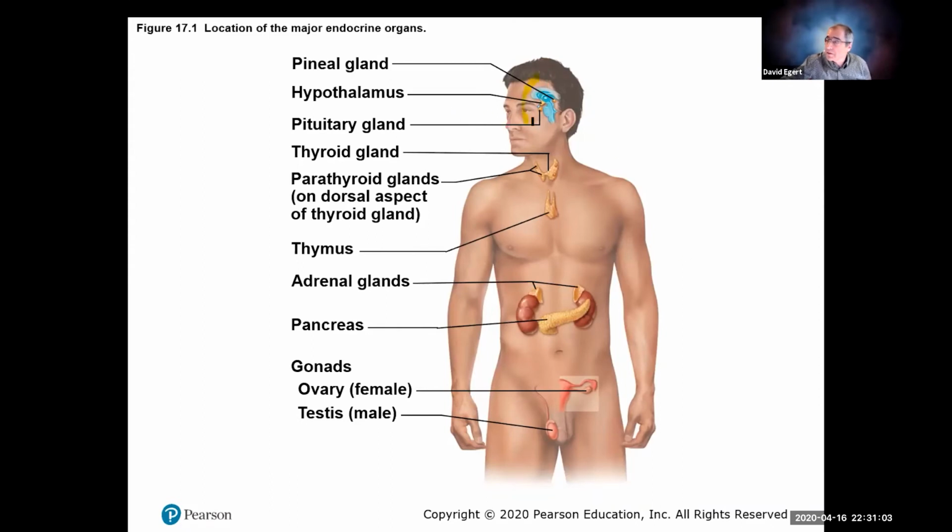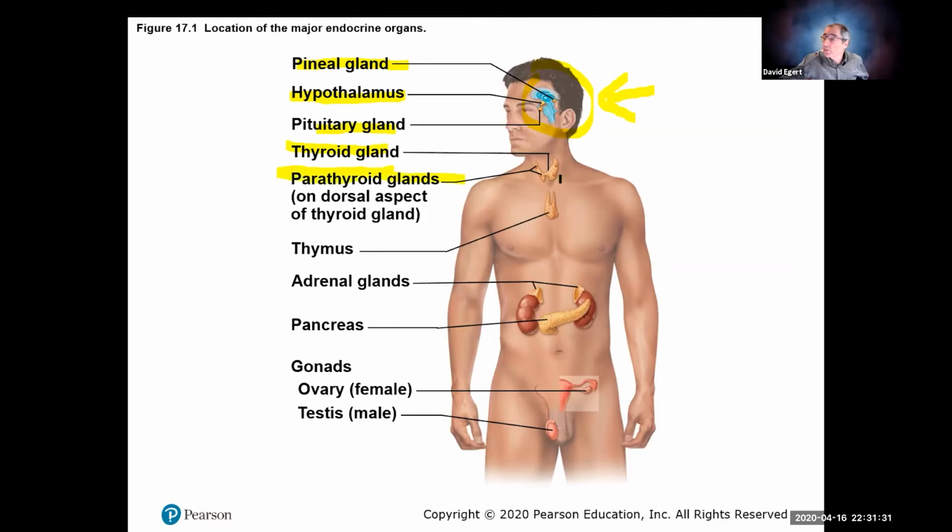But up here, some of the glands we're talking about are up in the head. The pituitary gland is hanging off of the hypothalamus. And the hypothalamus itself is releasing hormones that control the pituitary gland. And then the pineal gland, we've already talked about when we were doing the epithalamus, releasing melatonin. Thyroid gland, here right around the trachea.